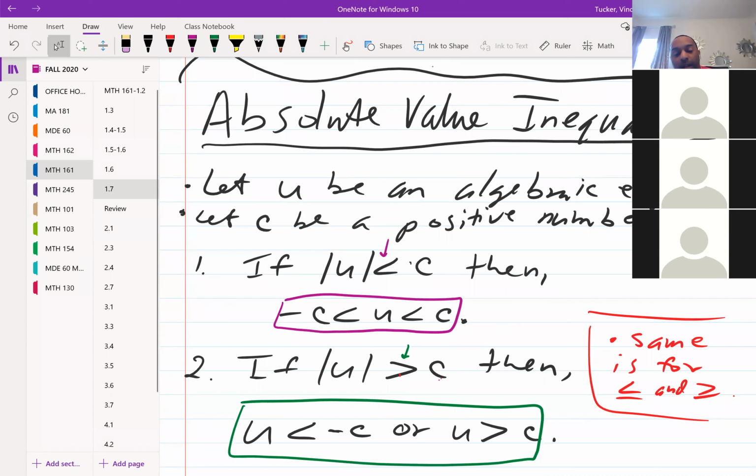But if the absolute value of U is greater than C, you set it up the same way as in that green box, in which U will be less than negative C or greater than positive C.